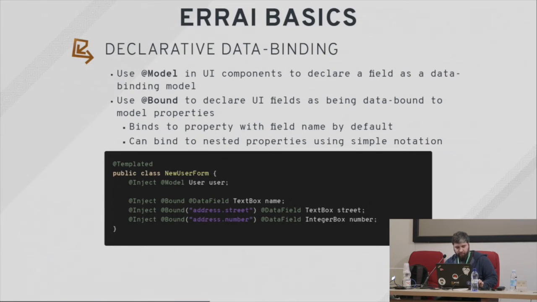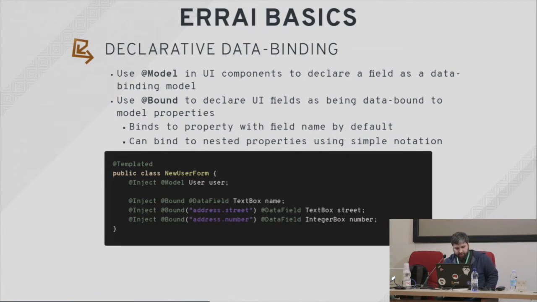You can also, like below, do what we call nested binding. Because every property of a bindable type has to also be bindable, you can bind directly to properties of a property. So assuming our address had street and number properties, this is how you would bind directly to those, like in these street and number fields.